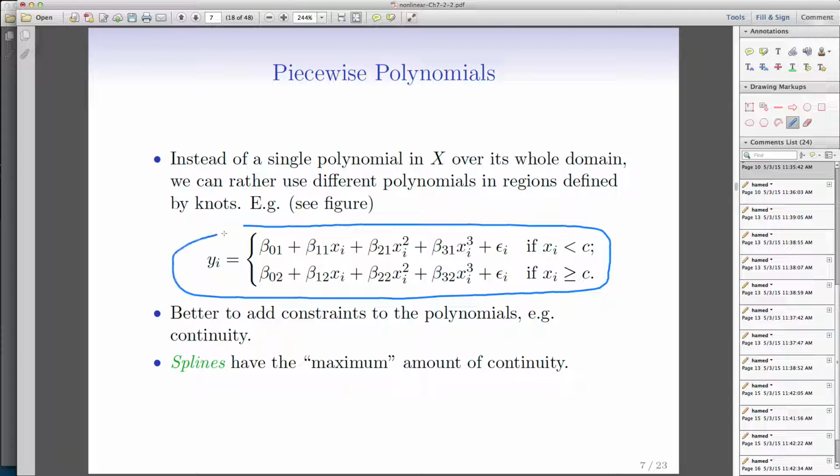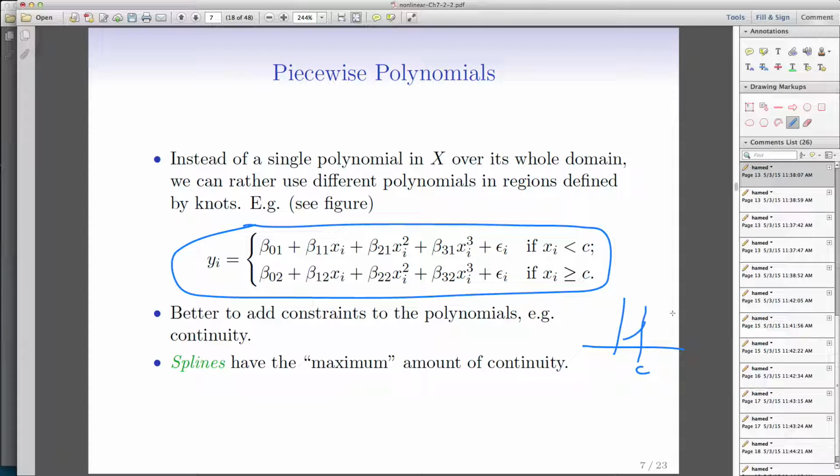The way it works is that you say, I want to split my data at a knot called C. Before C, I want a degree 3 polynomial, and after that, I want another degree 3 polynomial. Before C I have one polynomial, after this knot I have another polynomial, and that's the idea behind the splines.